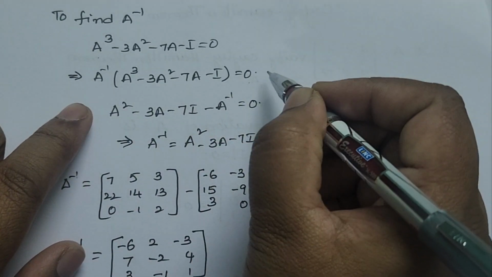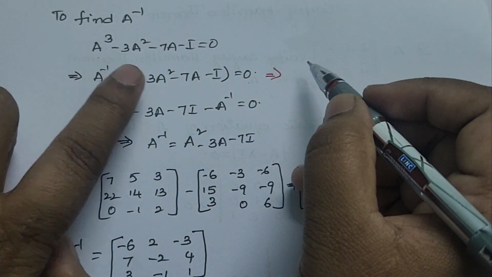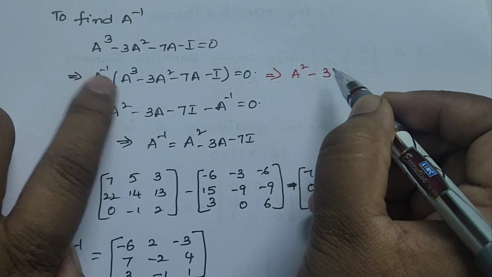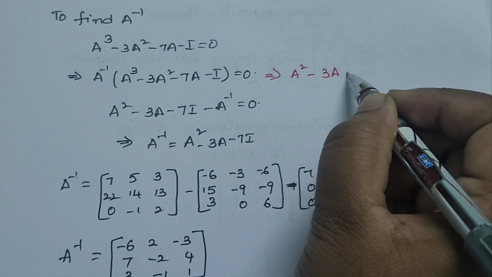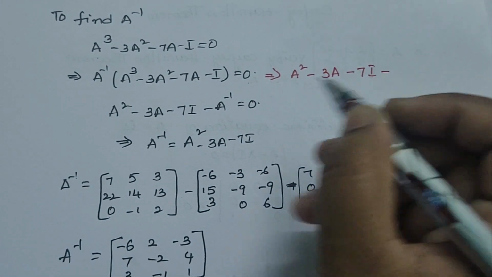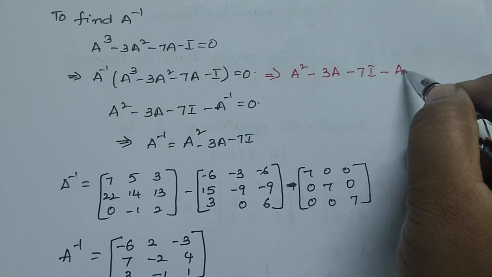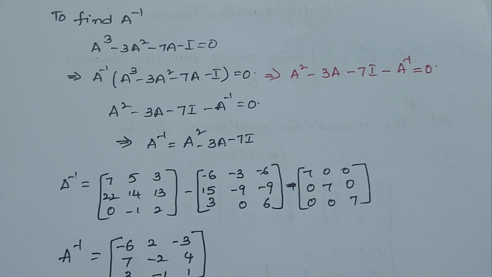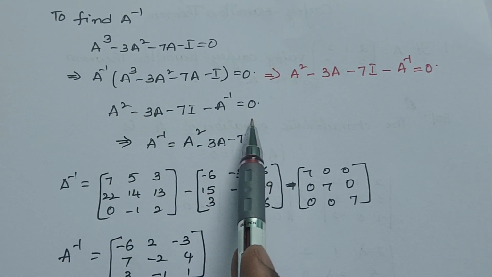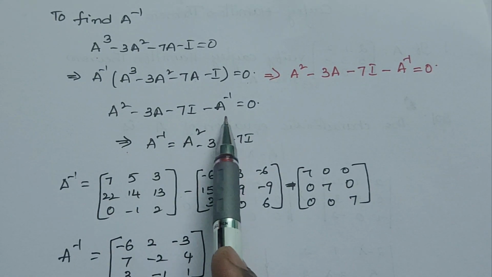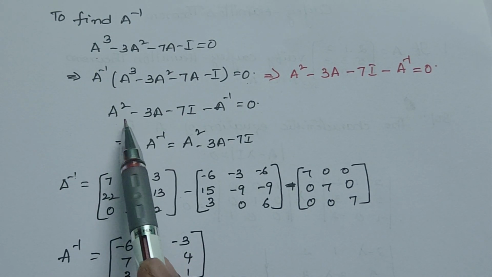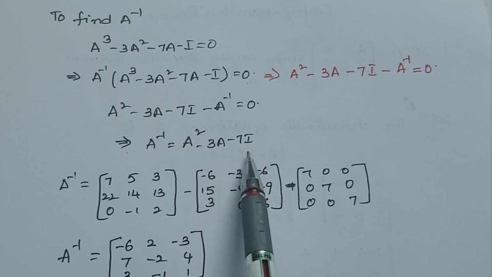Now this implies A inverse into A cube is A square, minus 3, A inverse into A square is 3A, minus 7, A inverse into A is I, minus I into A inverse is A inverse, which is equal to 0. So A square minus 3A minus 7I minus A inverse is equal to 0. So this implies, take this A inverse this side, then A inverse is equal to A square minus 3A minus 7I.